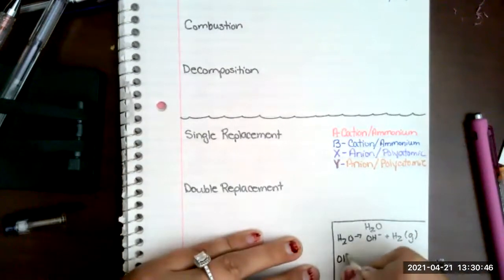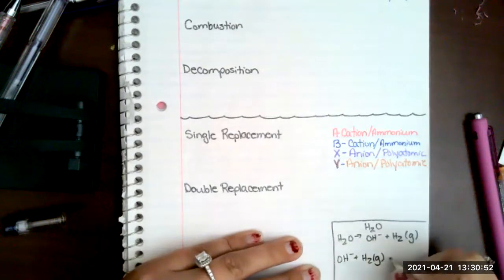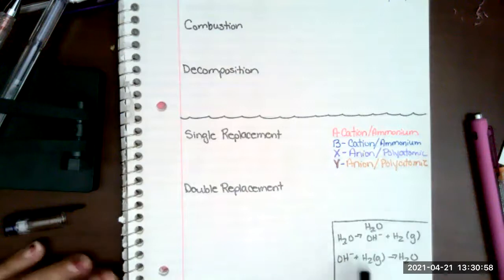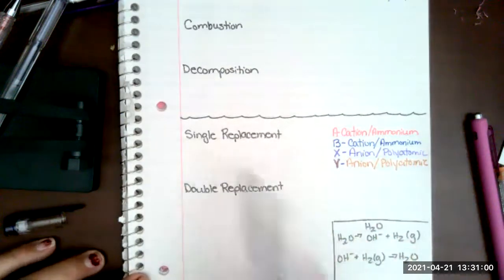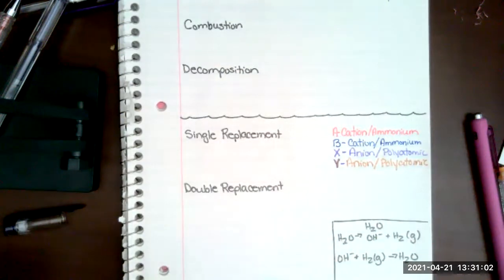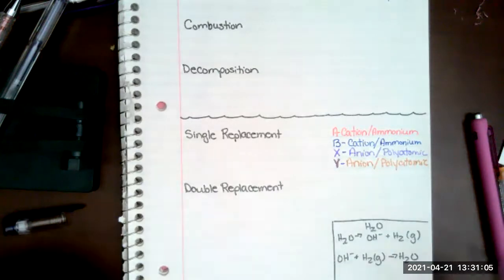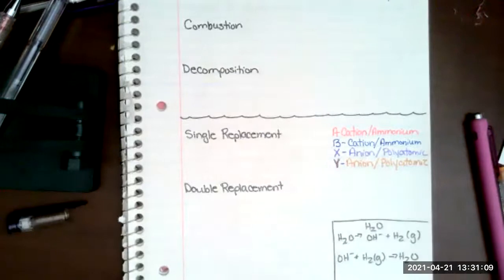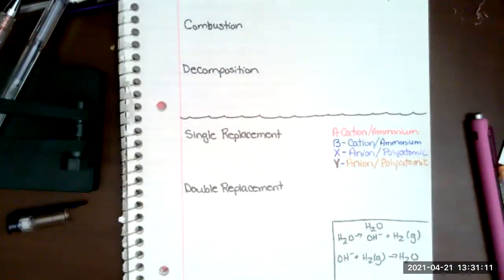So OH and H2 gas might make H2O. And we'll look at this, but this is an important caveat to especially these types of reactions, on how things might look different, but you really are being split because of how it's being written. But this is our outline for our notes.